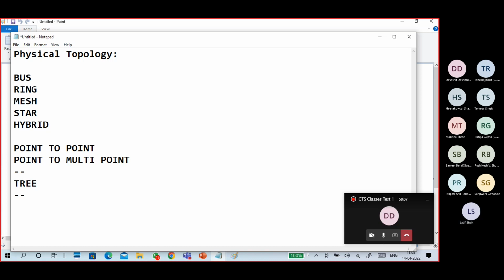It's just for understanding purposes. Point to point topology and point to multi-point topology are also there, but the important ones are these only. So we'll see them one by one.